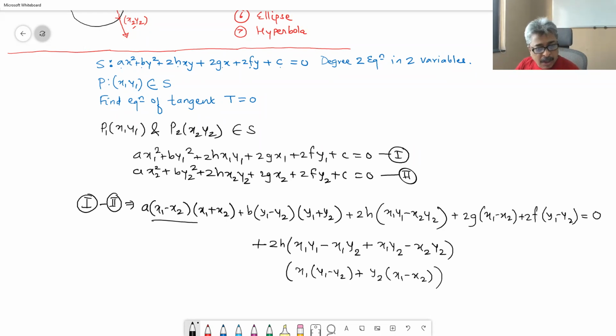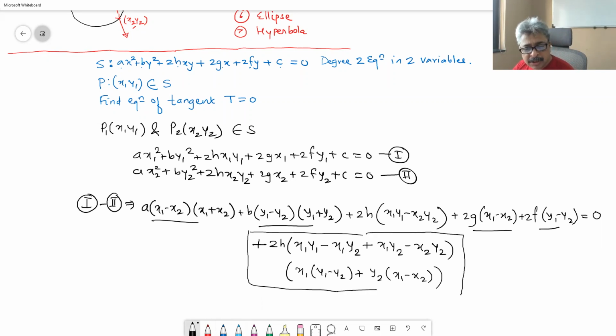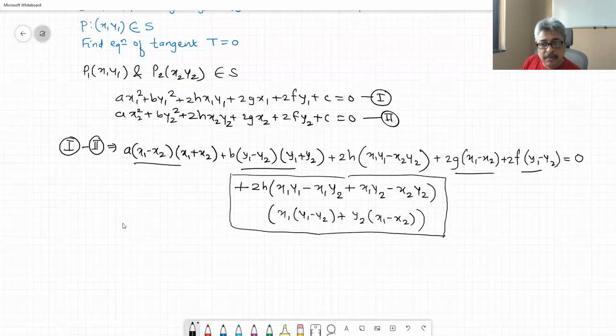So now there are 1, 2, 3, 4 terms where either x1 minus x2 or y1 minus y2 was there. Here it was a little complicated, but now we have separated this term into 2 terms, where in one term you have y1 minus y2 and in the second term x1 minus x2. So let me write down.